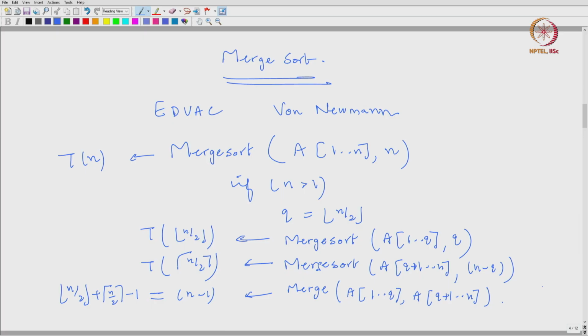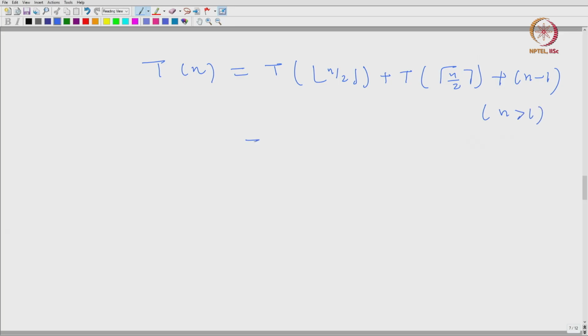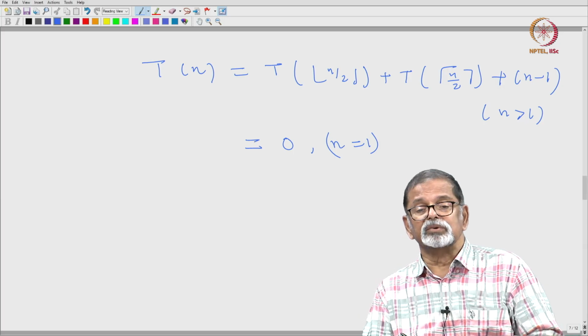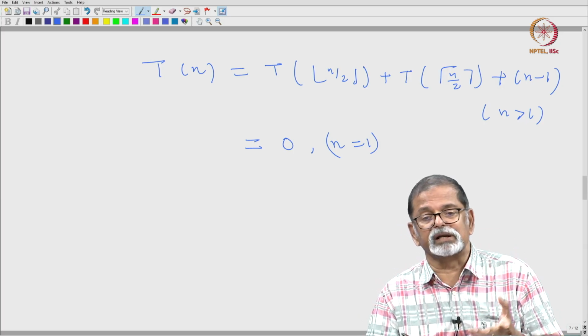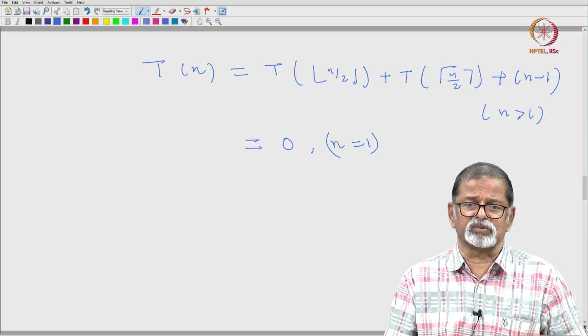Therefore, you conclude from this that T of n is T of floor n by 2 plus T of ceil n by 2 plus n minus 1 if n is greater than 1. It is 0 if n equal to 1. That is because when n equal to 1, you do nothing. There is only one element, sorting one element, no comparison, nothing is done. Therefore, the number of comparisons is 0.